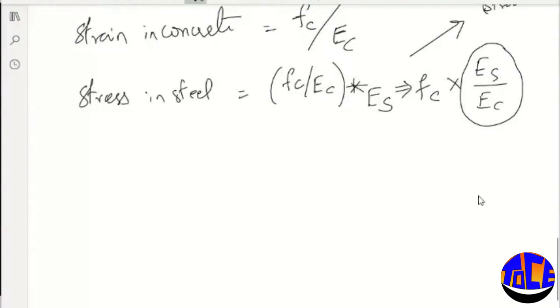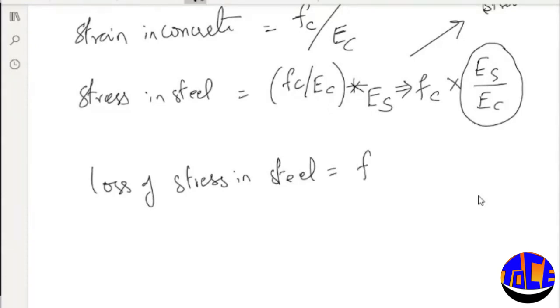Now the loss of stress in steel equals stress in concrete into alpha E. So alpha E is the Young's modular ratio.